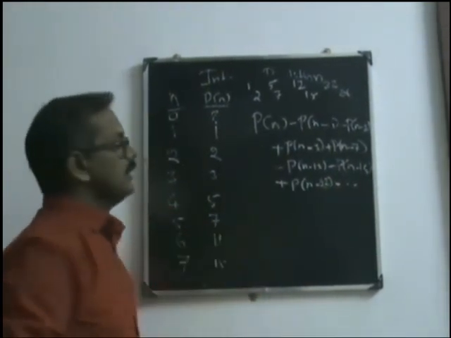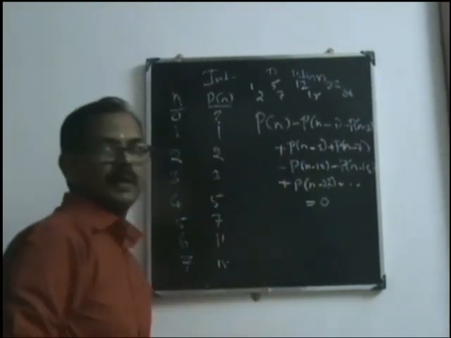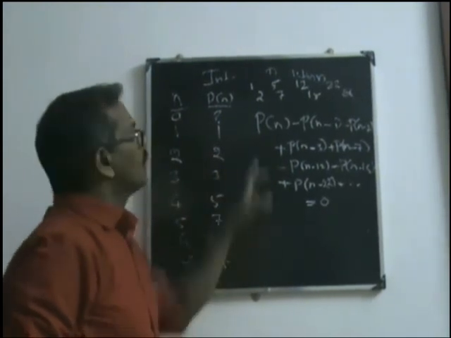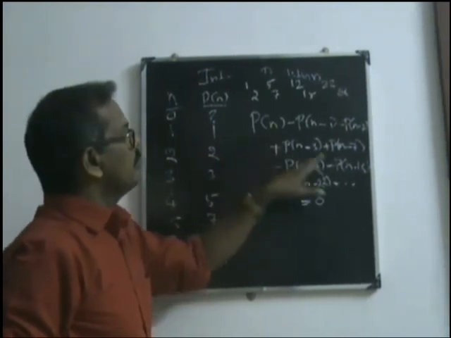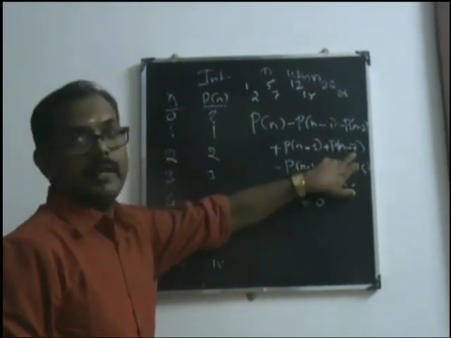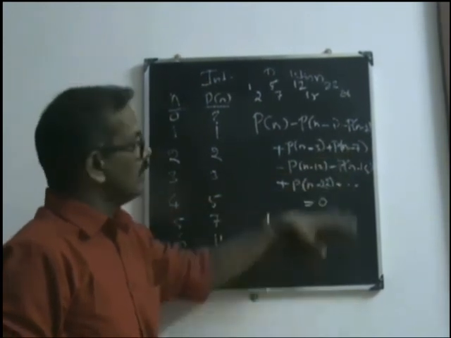Now what this says is, if you sum all these values, then that becomes 0. Suppose we say n is equal to 5. So P of 5 here. If you take n equal to 5, n minus 7 is equal to minus 2. So that will be a negative number. In many places we get negative values.